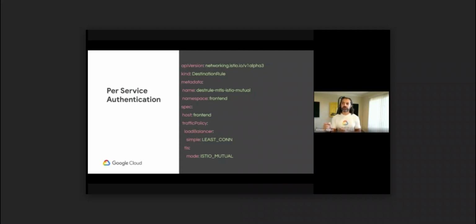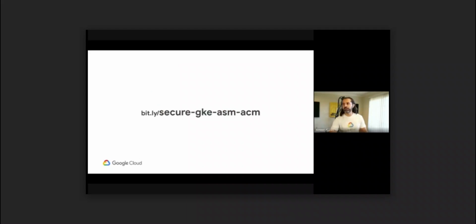And at the very bottom, you're saying the TLS mode is set to ISTIO_MUTUAL. So that's the same thing as the mTLS mode set to strict. So you can set the mTLS mode mesh-wide to strict, but you can then come into the specific namespace and disable it here, or set it to permissive. And so perhaps it's a good idea to have policies that will also not allow you to do that. So with that, one more slide, I believe, that just gives you the demo that I'm going to show.